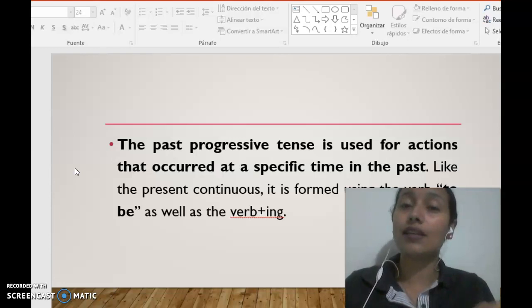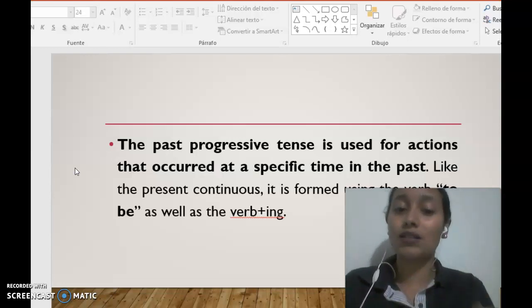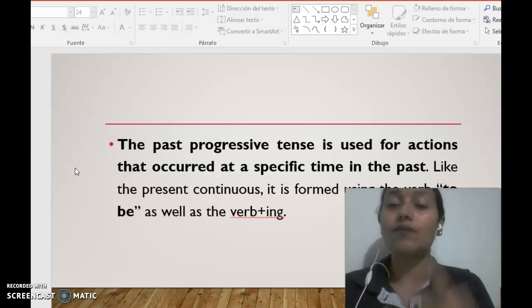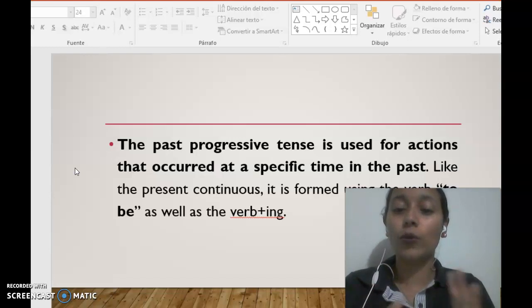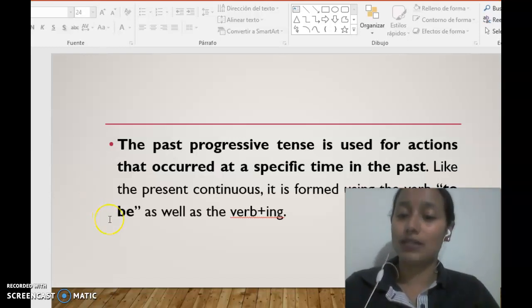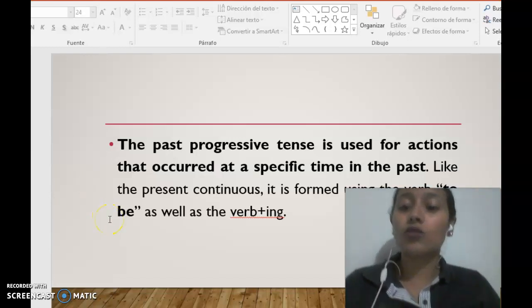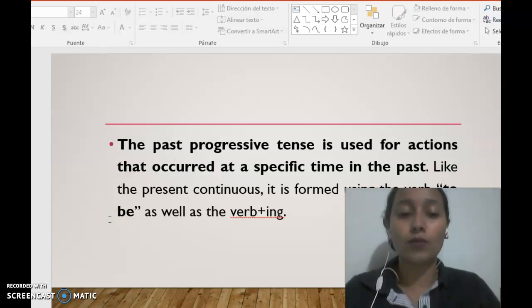Recuerden que el ing es la terminación ando, endo. Entonces, como es pasado continuo o pasado progresivo, past continuous and past progressive es lo mismo. Como estamos hablando de pasado progresivo, ese verbo to be tiene que ir en pasado. Yo sé que ustedes ya saben cuál es el pasado, pero vamos a recordarlo.